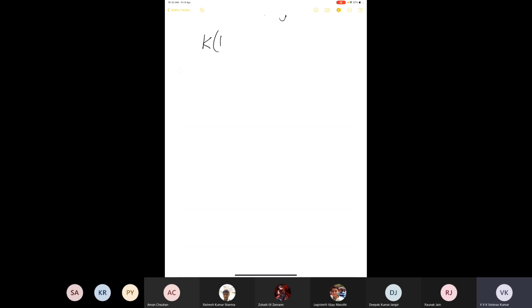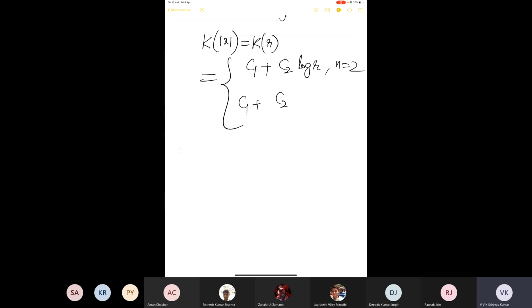K of mod X is equal to K of R, which is C1 plus C2 log R for the n equal to 2 case, and C1 plus C2 R power 2 minus n upon 2 minus n when n is greater than or equal to 3.